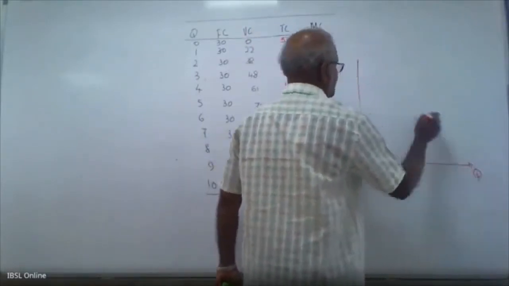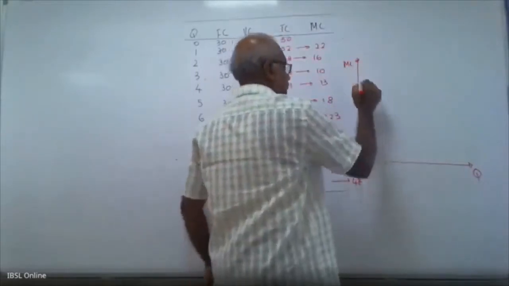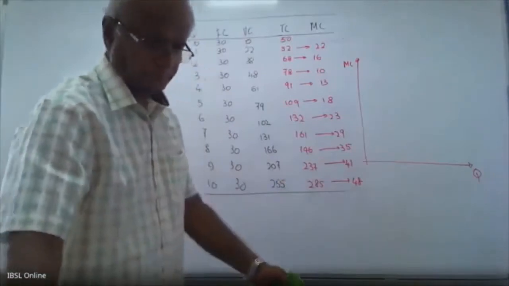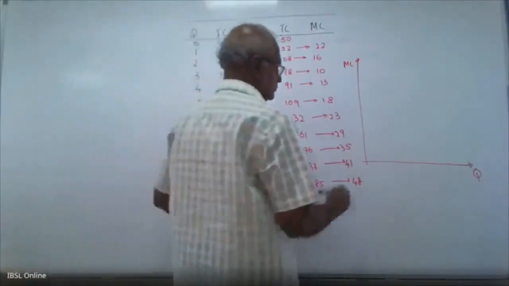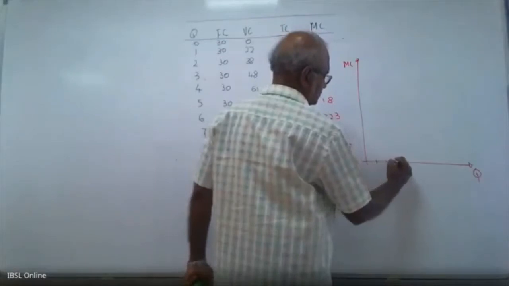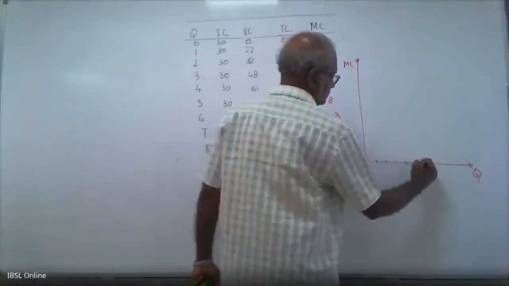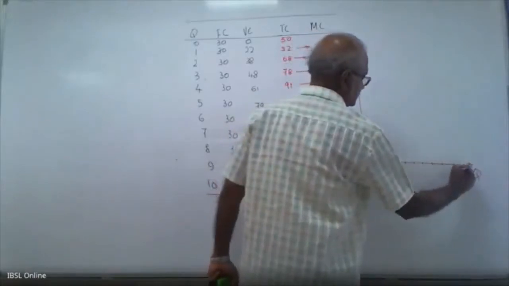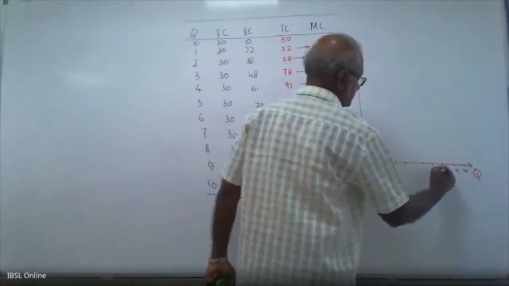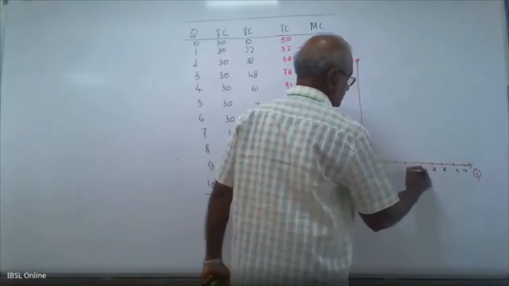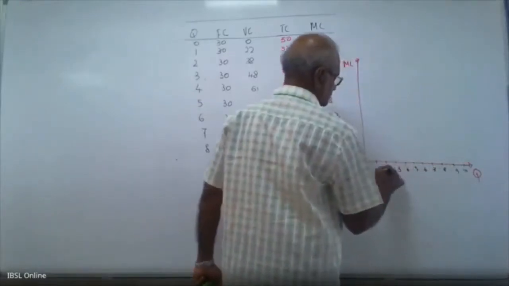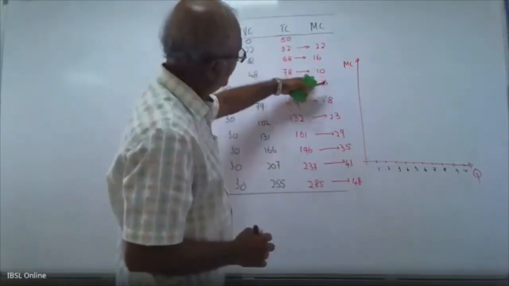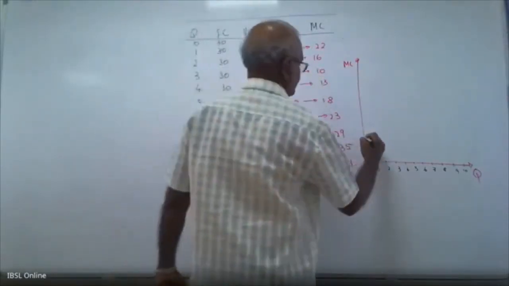Quantity versus MC. What will happen? 1 to 10. You can see MC: 22, 16, 10, 13, 48.